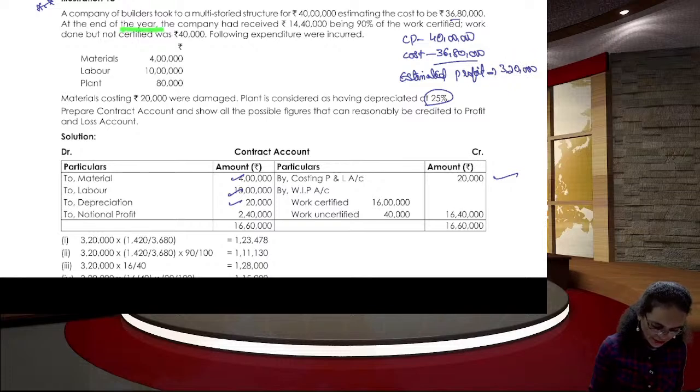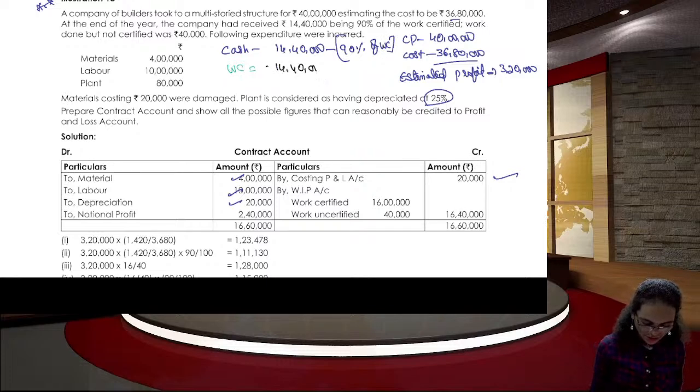At the end of the year, the company had received this much as cash, as 90% of the work certified. So cash received is 14 lakhs 40,000, but it is representing only 90% of work certified. In the sense, we can say the work certified is 14 lakh 40,000 divided by 90%.